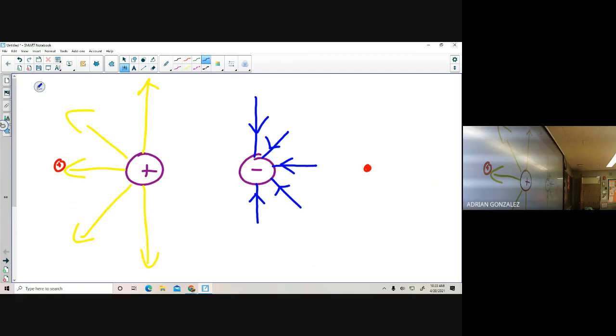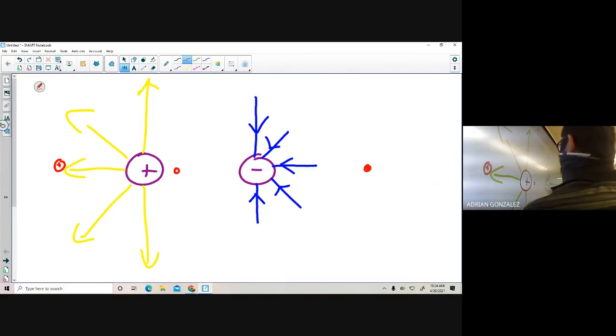Cool? The place where it gets a little wacky is when I put my test particle in between the two. What's the positive point charge going to want to do to that little red ball?